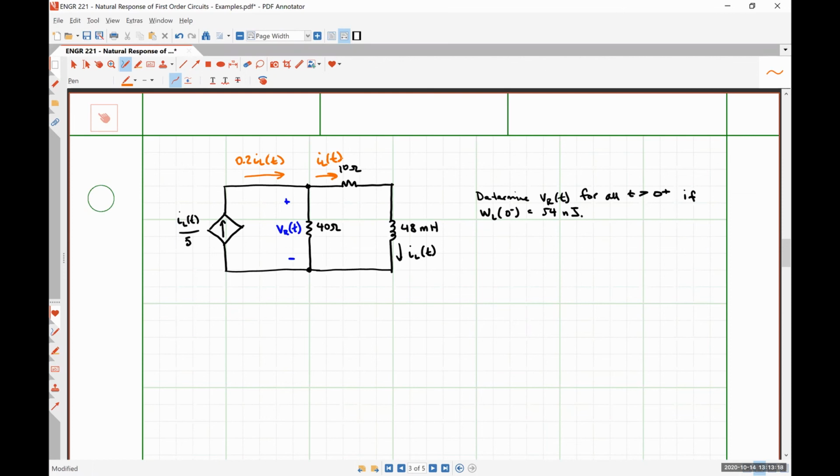So if we perform Kirchhoff's current law at that top node, how much current is flowing down through the 40 ohm resistor in terms of IL of t? So the current going into the node, 0.2 IL of t, must be equal to the current leaving the node, which is IL of t plus some other quantity x, right? So from this, x has to be what?